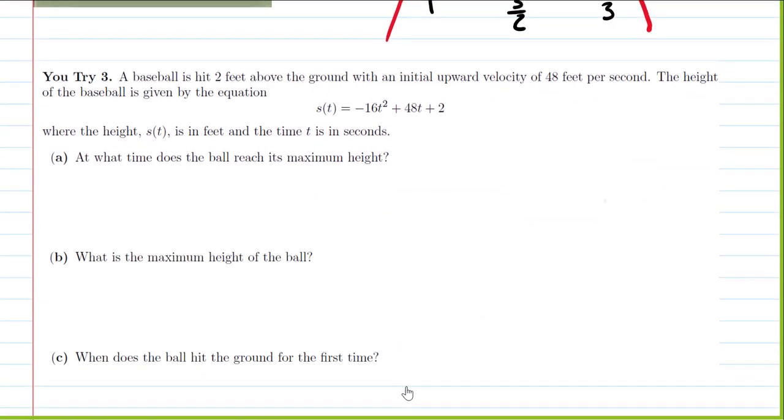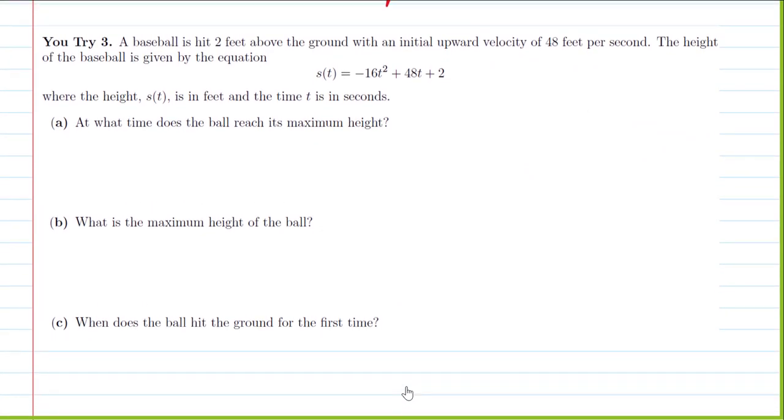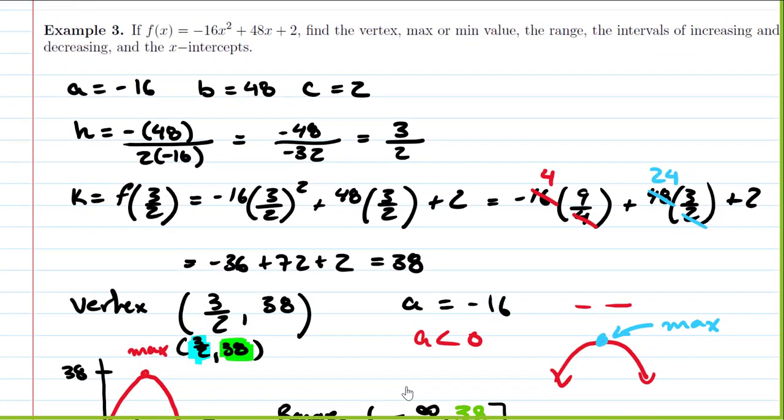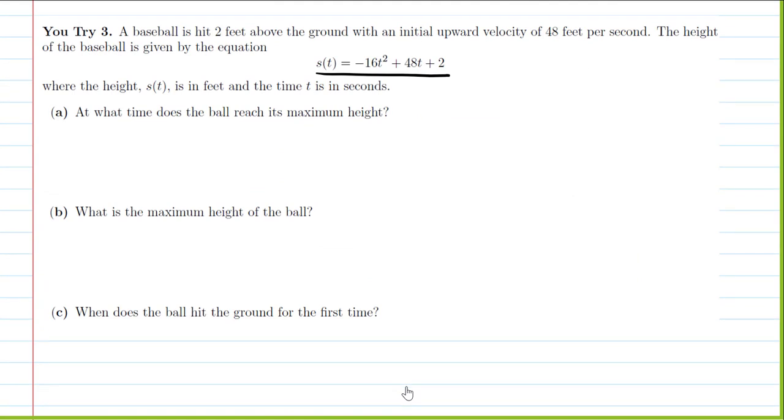All right. So, as it turns out, this problem is actually the same as the one that we just did up here. So then the answer to part A is going to be h, which was 3 over 2, and our time this time is in seconds.